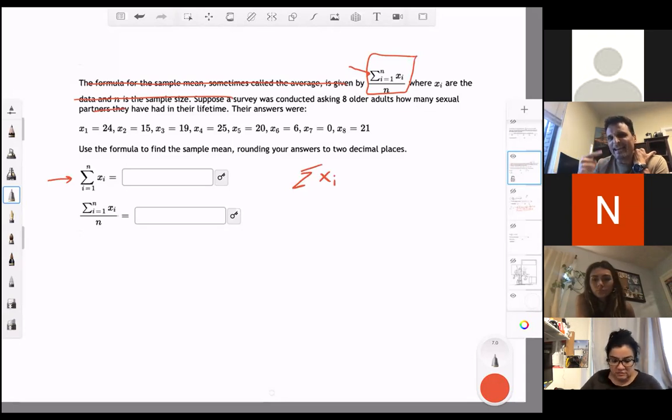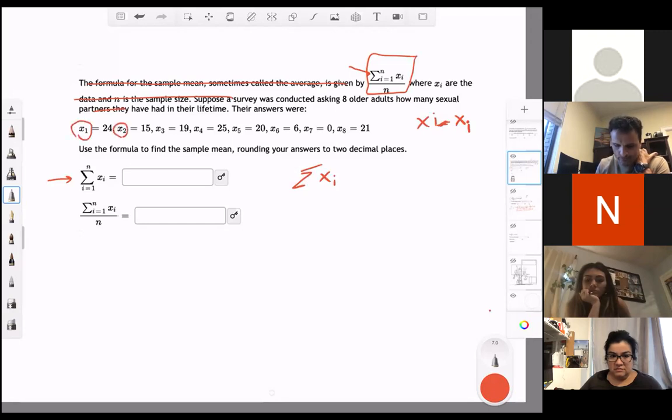It was my fault. People thought this is x times i. x times i would be written xi like this, but here x is followed by i at the bottom. That means we're going to have x1, x2, x3.